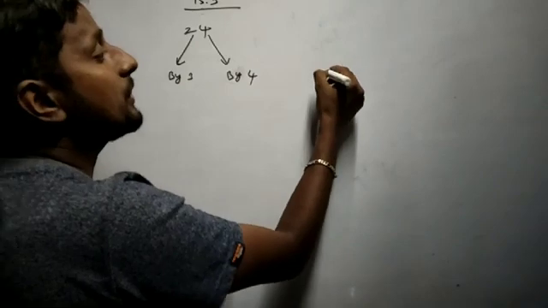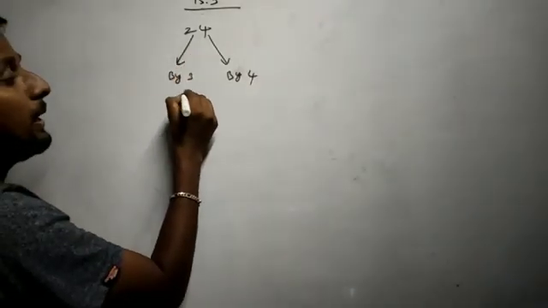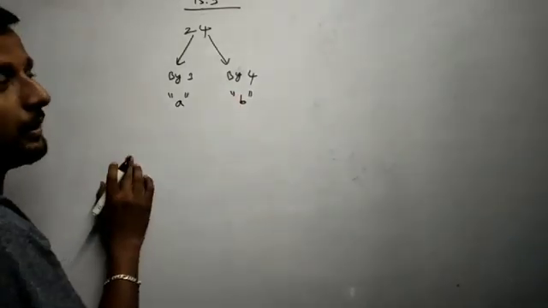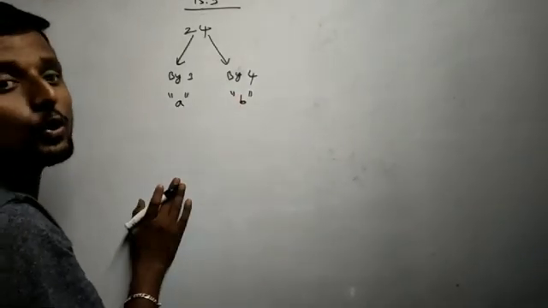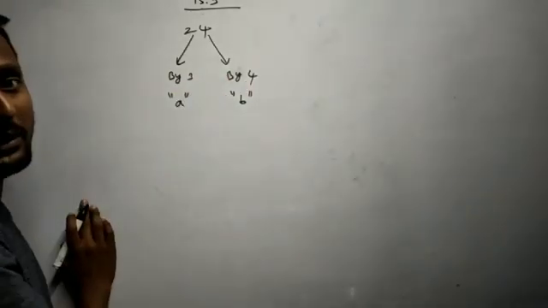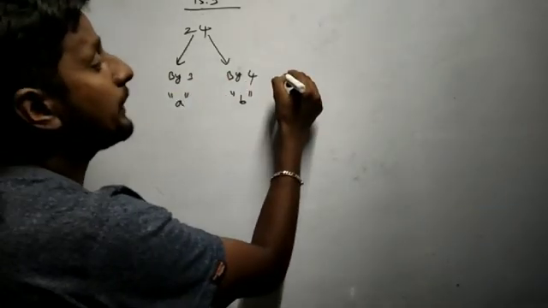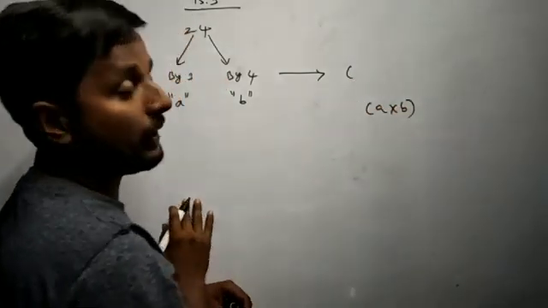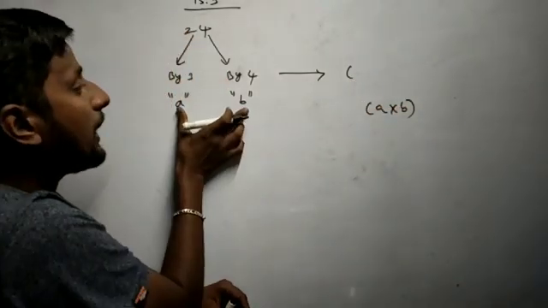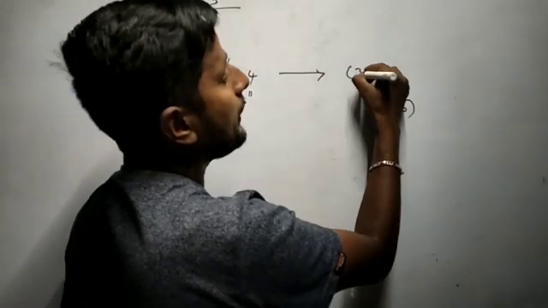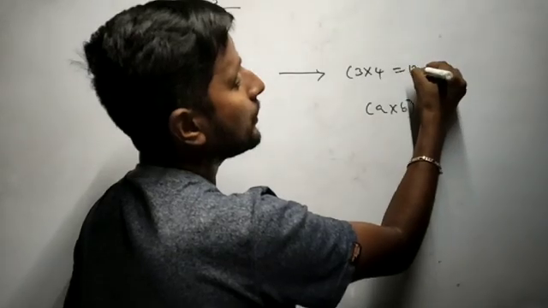Now what is the condition? A number is divisible by A, and also divisible by B, and they have no common factors. Look, 3 won't come in the 4 table and 4 won't come in the 3 table. They have no common factors, right? So then the number is also divisible by A into B. A value 3, B value 4. Then 3 into 4, answer 12.